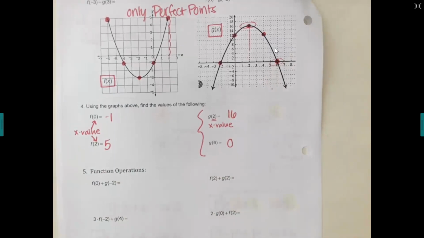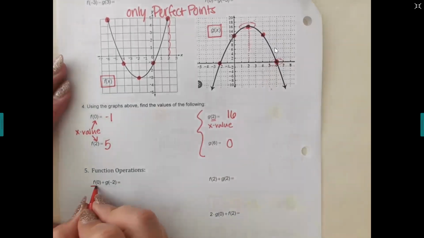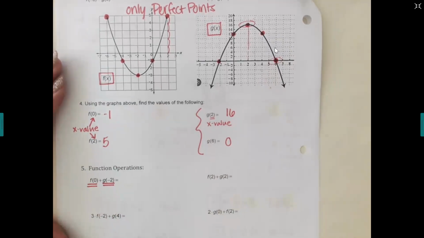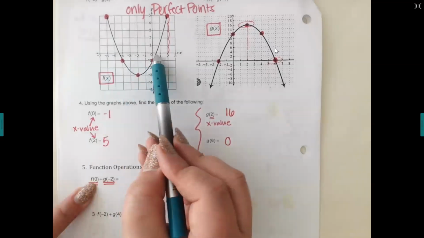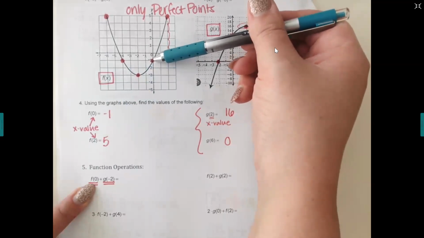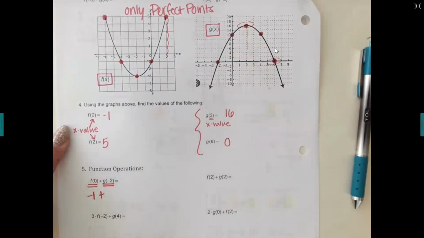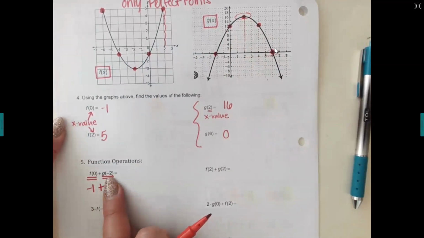Okay, so now let's look at our examples. We have a few of them to do here. First one, we want f of 0 plus g of -2. So for f of 0, I'm going to start here at 0. 0 is right here. And then my box is down 1. So that would be -1 plus. Next, I want g of -2.